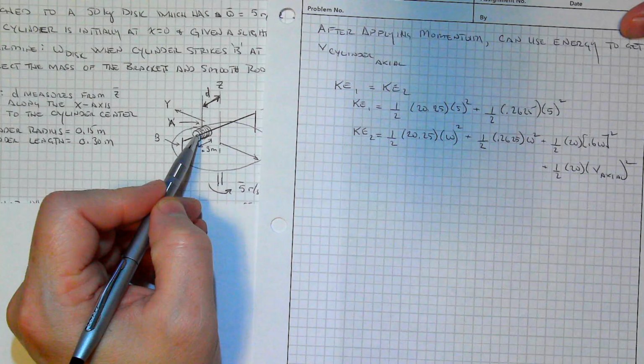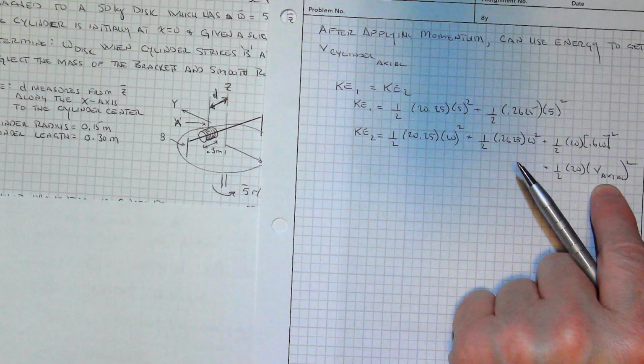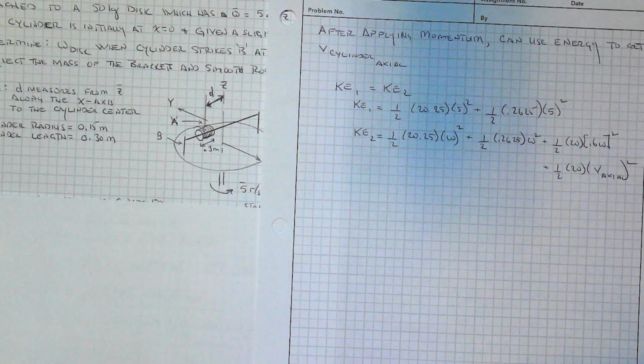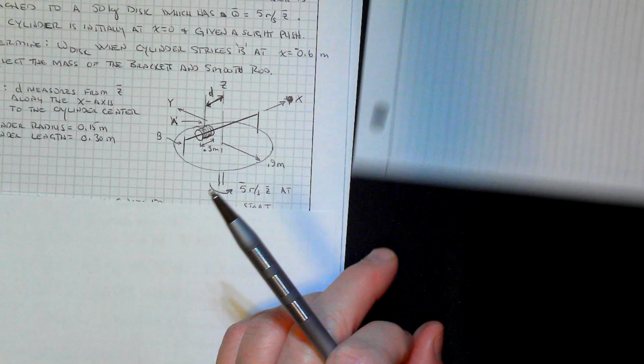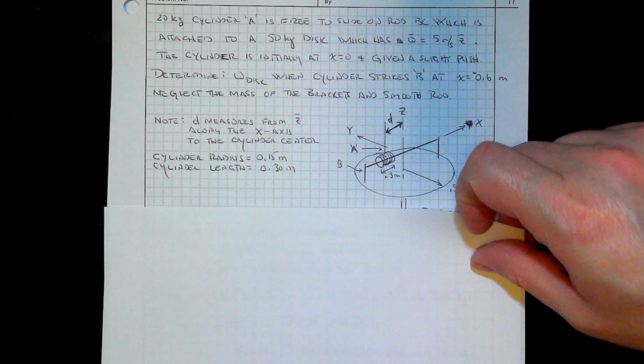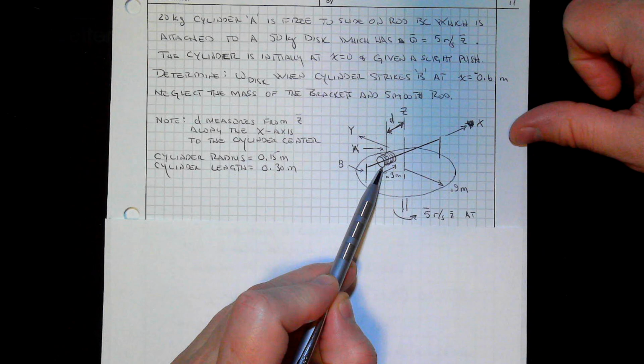The cylinder is initially at x equals 0, or I should say d equals 0, and given a slight push to motivate things to start to move. And so the problem is, determine the angular velocity of this disk when the cylinder strikes B. And that'll happen when x equals, notice here, relative to the rod, z comes out of the center of the disk. x goes here, y is perpendicular to the rod at the moment.